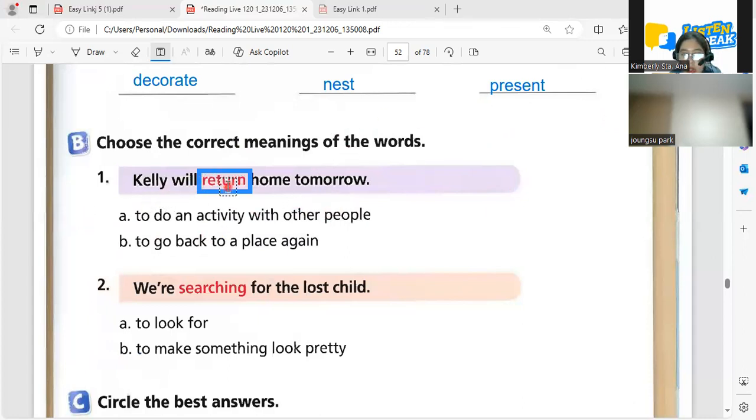Okay, so what is return? To do an activity with other people, or to go back to a place again? What do you think? A or B?